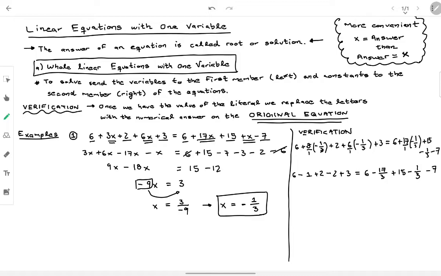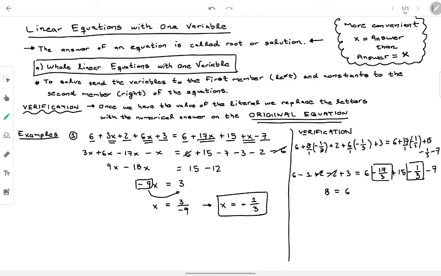So let's see. On the left part of the verification process, it's going to be 2 minus 2, it gets eliminated. So it's going to be 6 plus 3, it's 9, minus 1, it's going to be 8. In the right part of the equation, it's going to be 6, in this case, minus 17/3 minus 1/3.